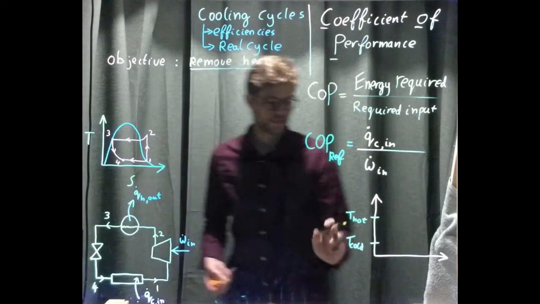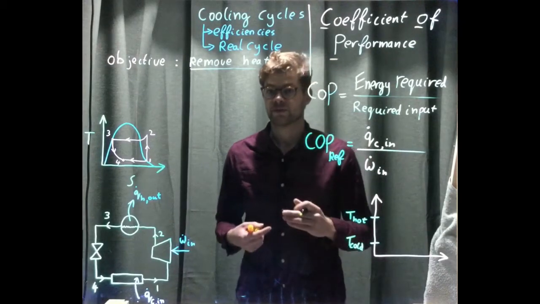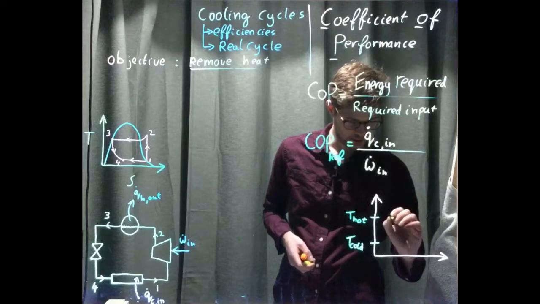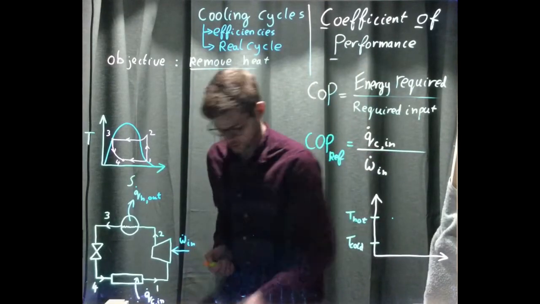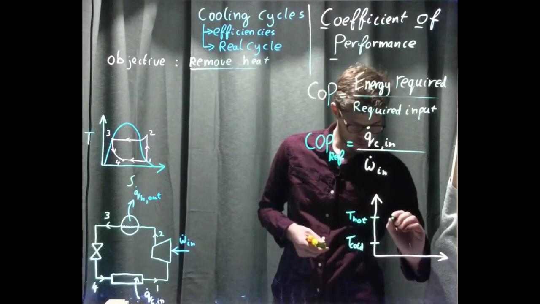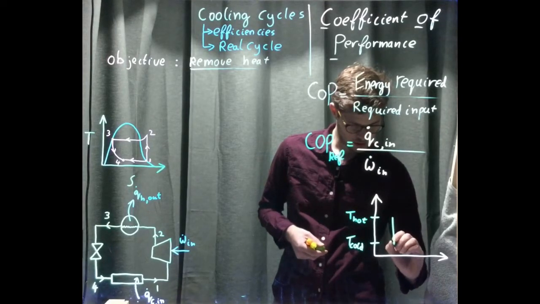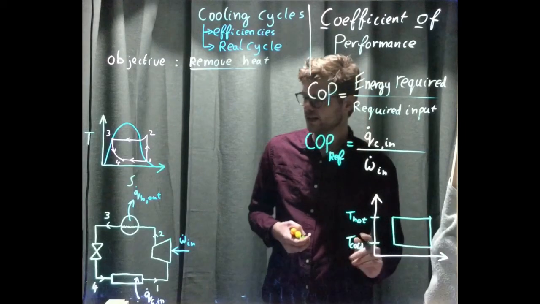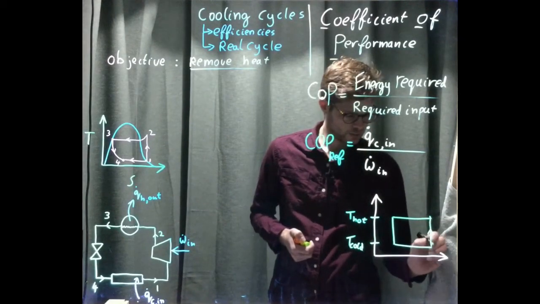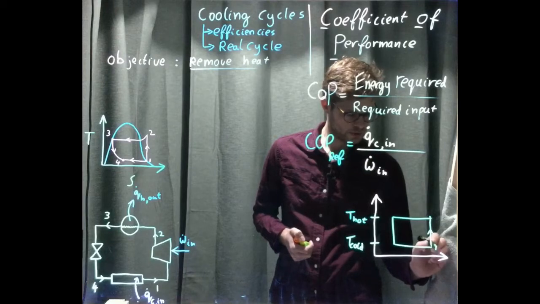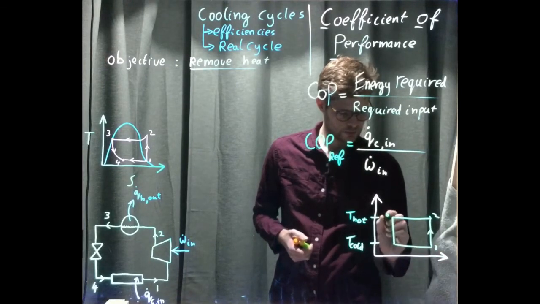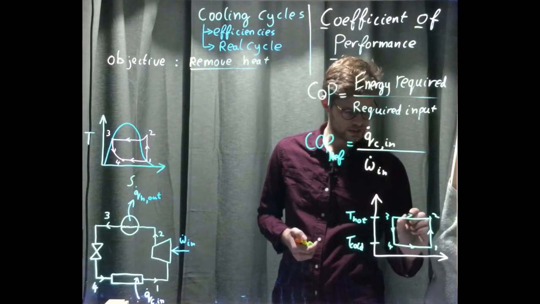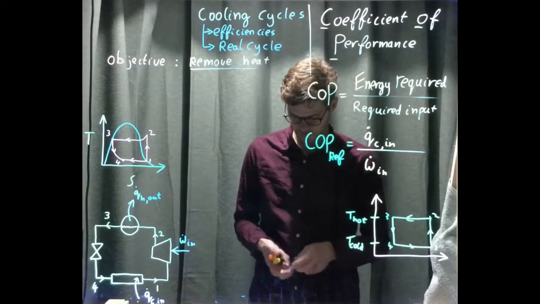This would be the temperature at the back of your fridge, and this would be the temperature in your fridge. And then we have this process, here with stages 1, 2, 3, and 4. This is as ideal as it could be, and it's reversible.